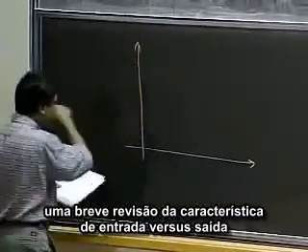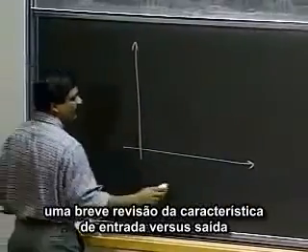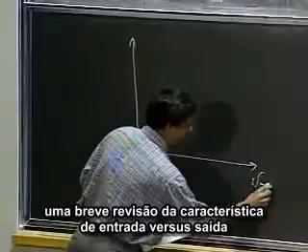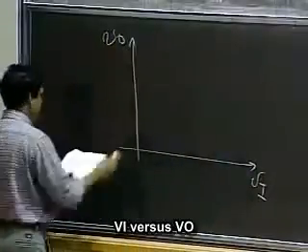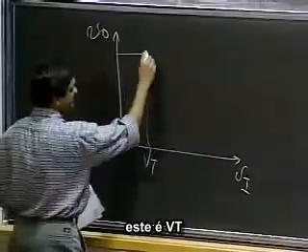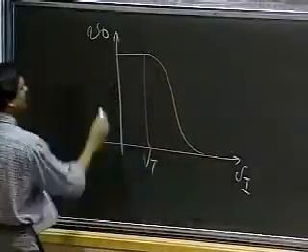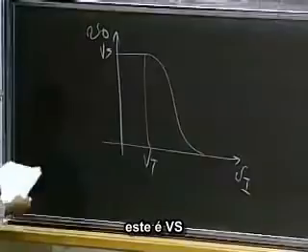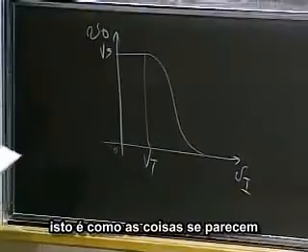So to very quickly revisit the input versus output characteristic, VI versus V naught. This is VT, and this is VS. This is what things look like.